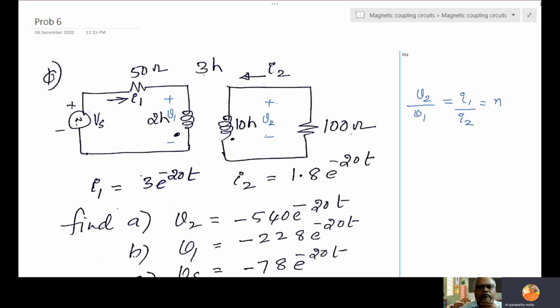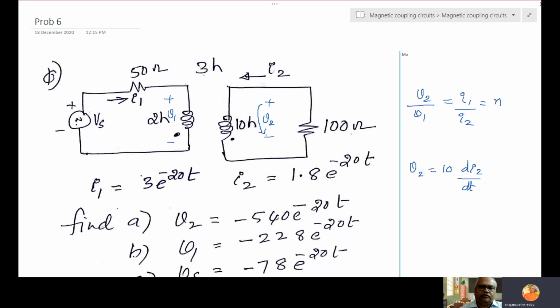This V2 has one part self-induced EMF and another mutual. So one expression: V2 is equal to, starting positive going to negative, 10 di2 by dt.